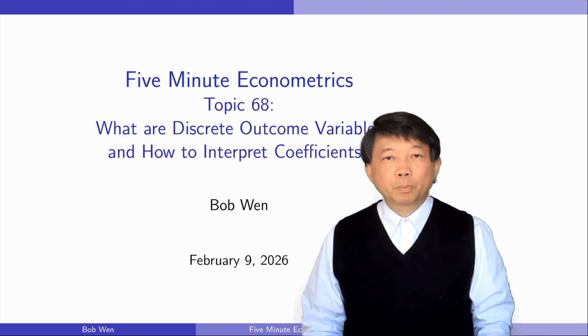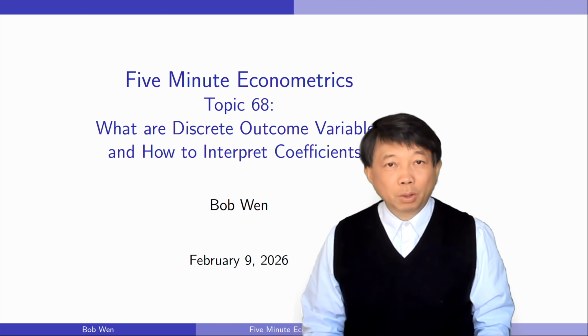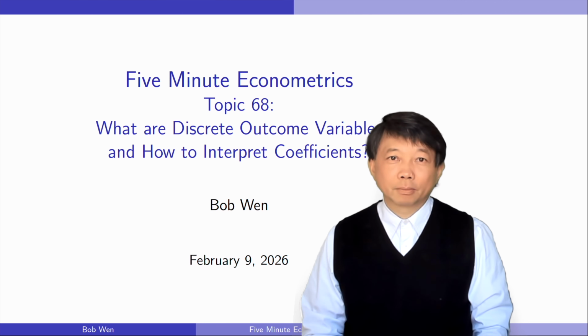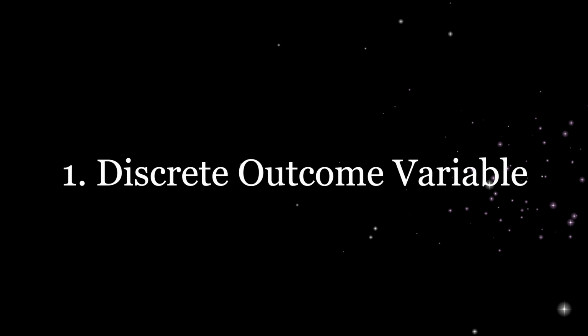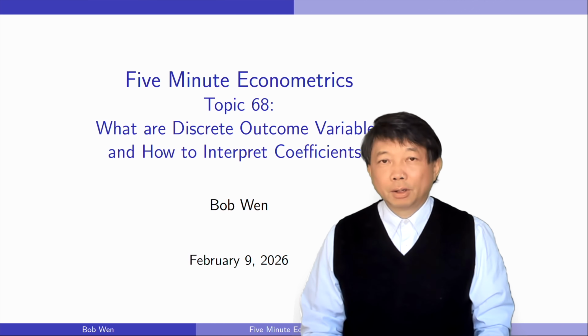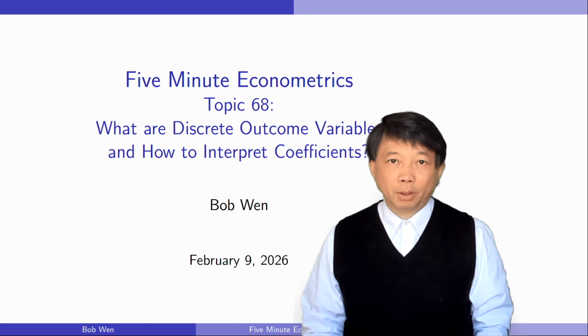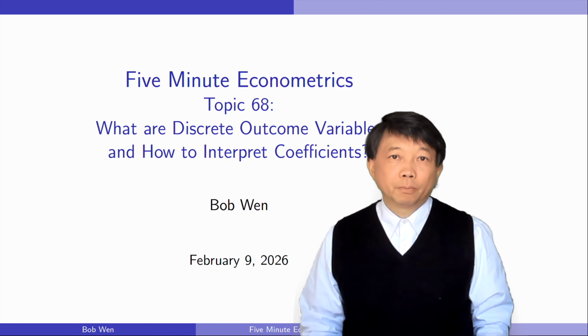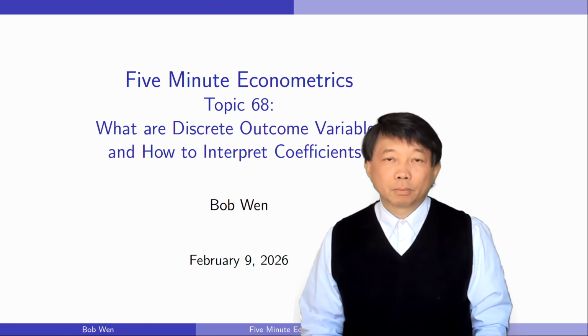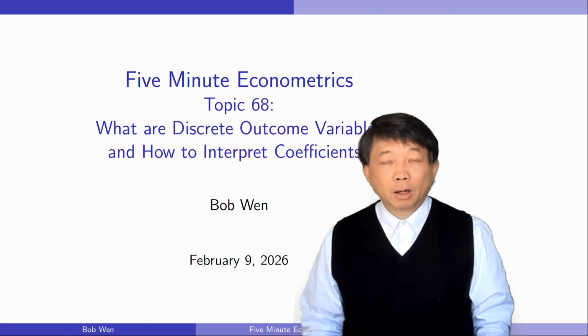Today, we will explore discrete outcome variables and how to interpret coefficients in a linear regression model. A discrete variable can take on only a limited number of integer values, with 0 being a common value.